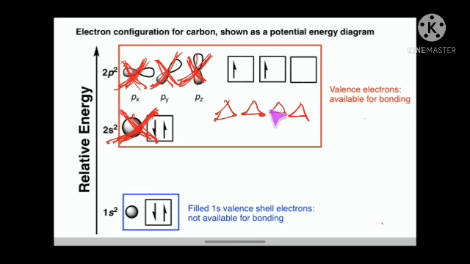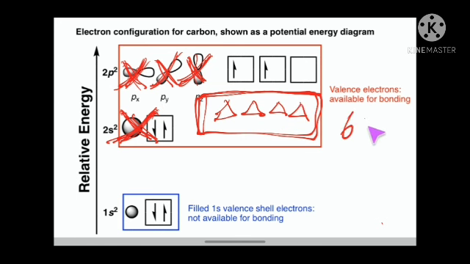Now we are left with 4 hybridized orbitals, and all these 4 orbitals are hybridized. Hybridized orbitals only create what bond? Sigma bonds. And we have 4 orbitals, that means we have 4 sigma bonds.